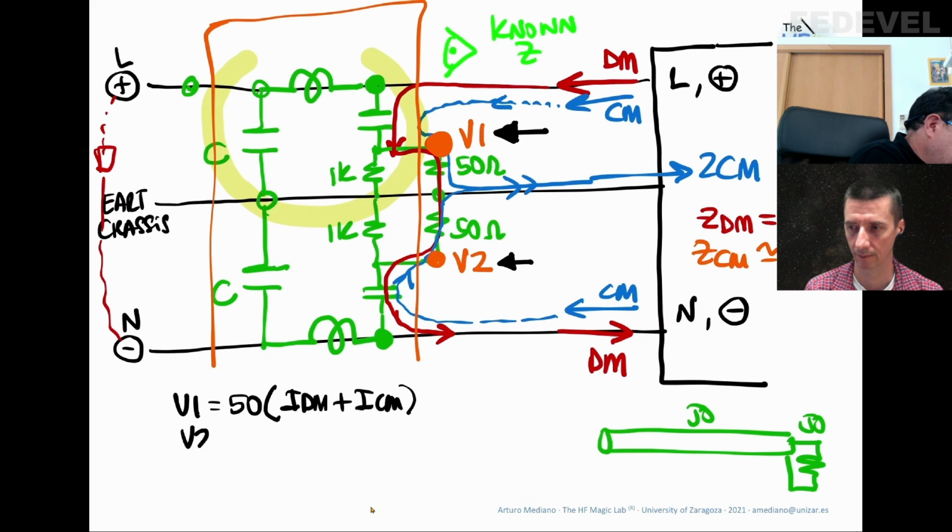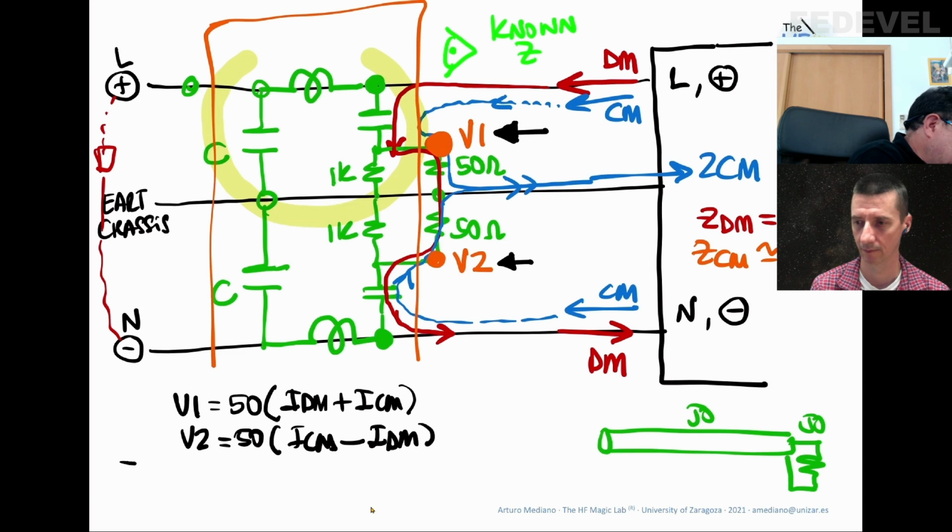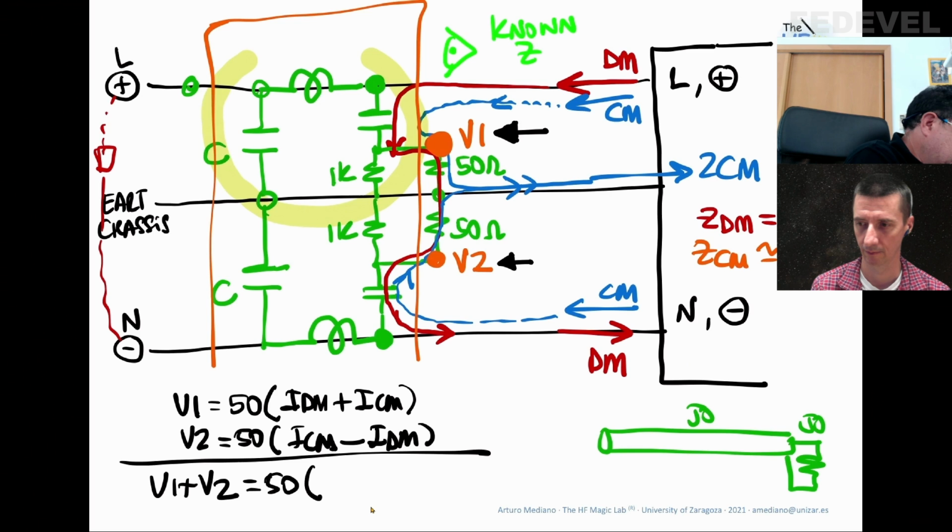And V2 is 50 ohms multiplying the current in common mode minus the current in differential mode. So for example, if you add V1 plus V2, you have 50 ohms times 2 times ICM.